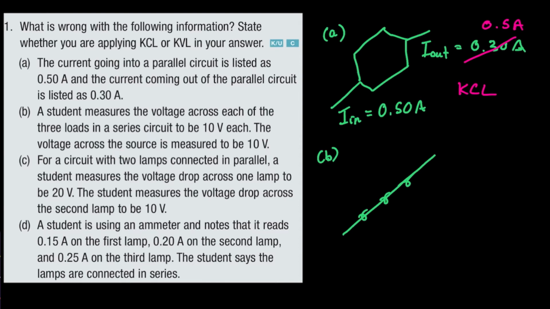And across each of these loads, each of them are 10 volts. And then they measure the voltage across the source. So the source could be like a battery. So V source, 10 volts.